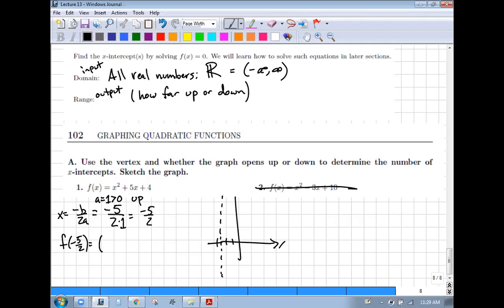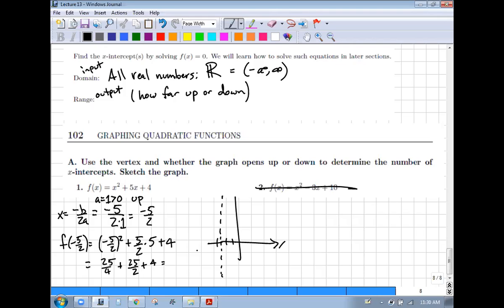So we got (-5/2) squared plus 5/2 times 5 plus 4. I had to give us one of the sucky fractions. Okay. So let's see, we have 25/4 plus 25/2 plus 4.